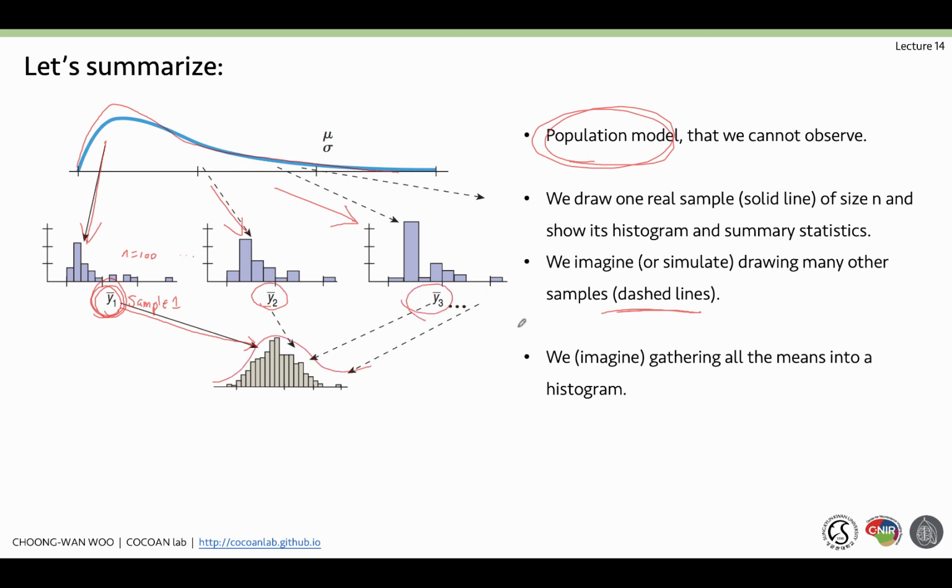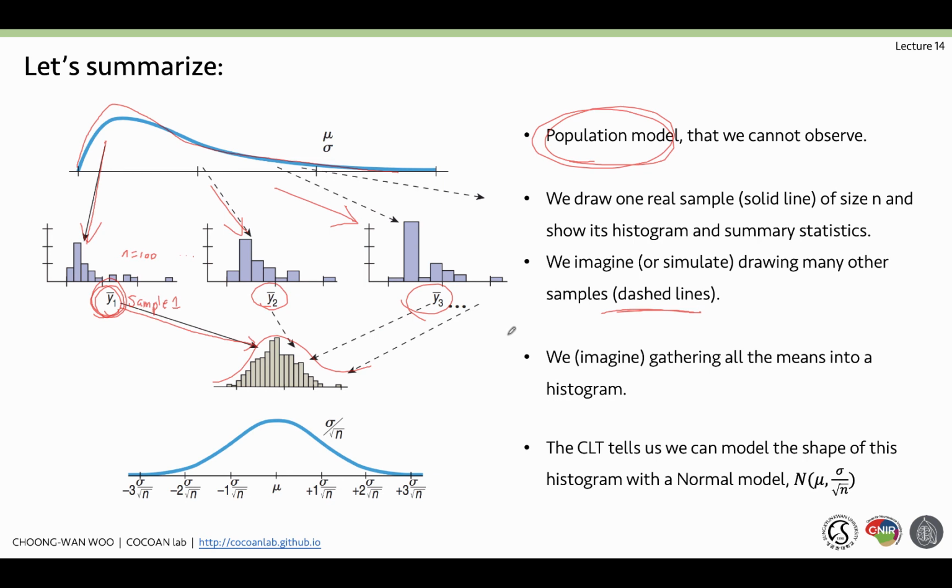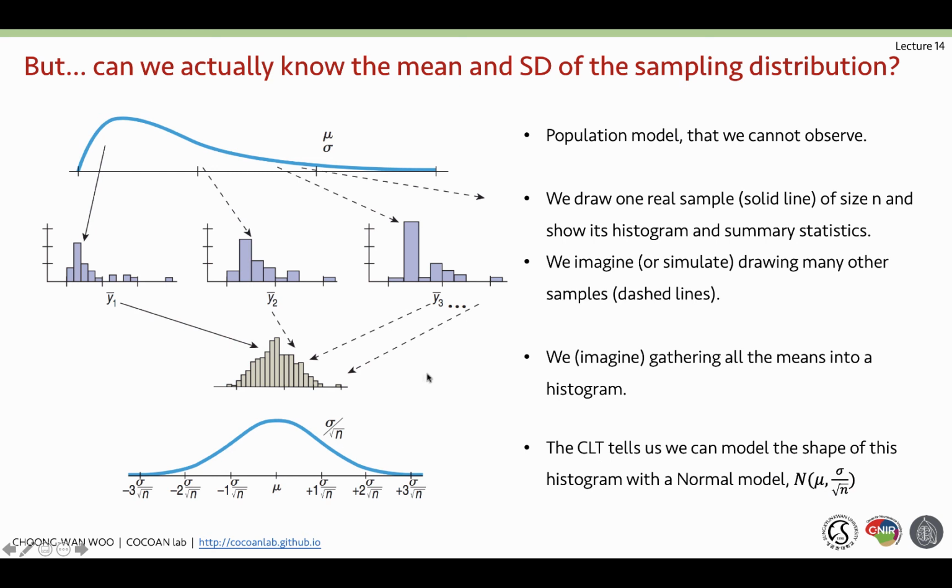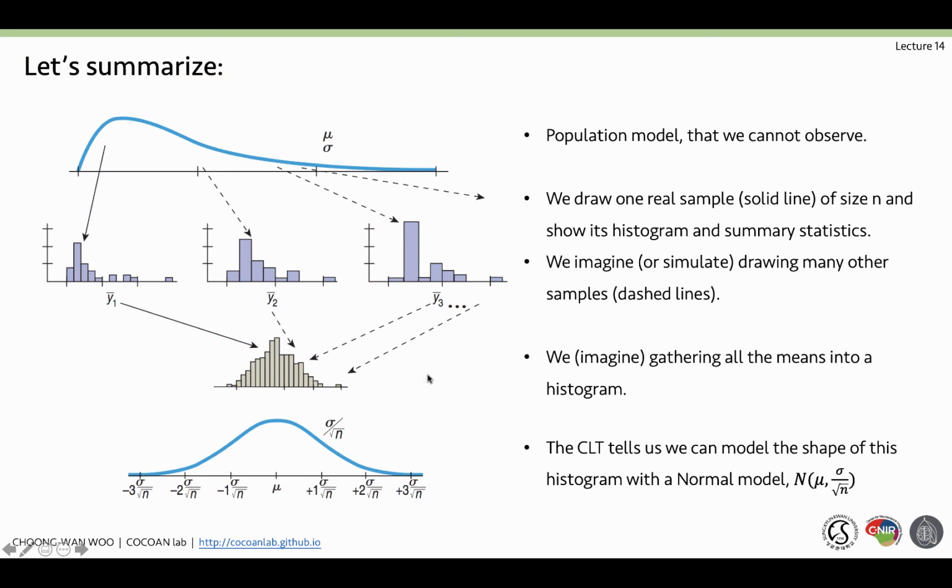sampling distribution. And according to the central limit theorem, the shape of this histogram, if we have samples large enough, we can model with a normal model using this equation. Okay, so this is the summary.